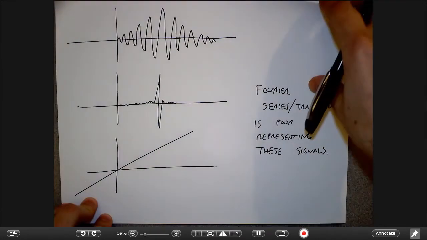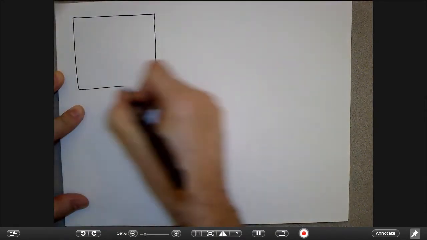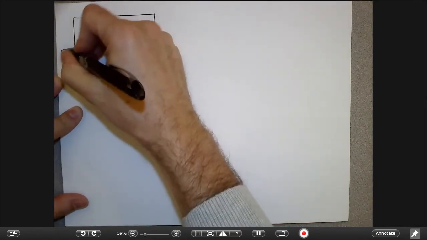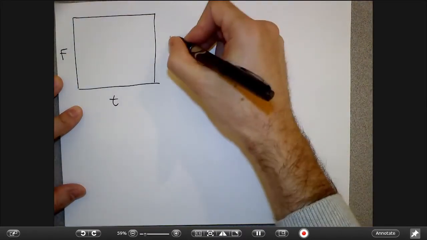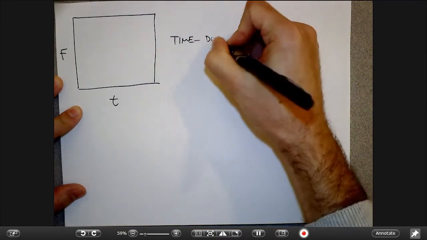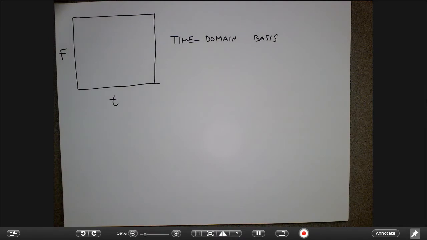And so this is the very crudest way of thinking about it, that what you learned about in class so far are two bases for representing a signal, right? So if this is time and this is frequency, the first thing you learned about in signals and systems is a time domain basis, where if I tell you, okay, I'm going to give you n numbers to represent this signal, the first way you represent it is by actually looking at the signal at n given values in time.